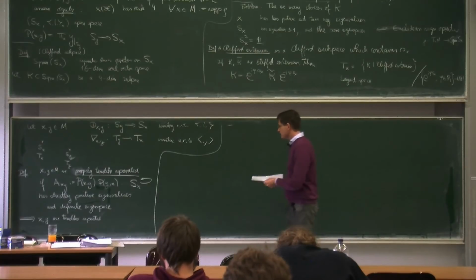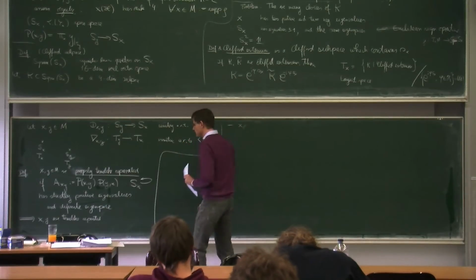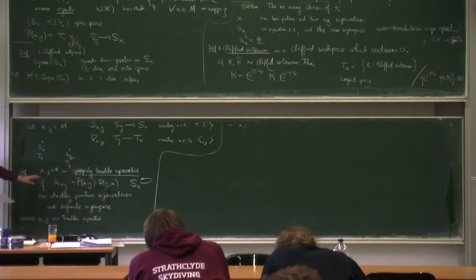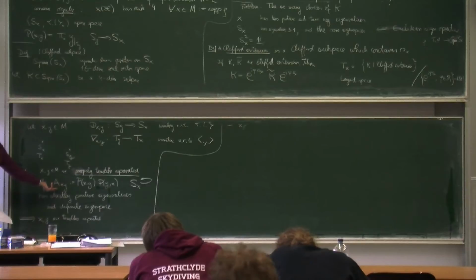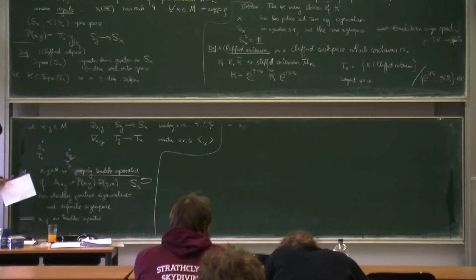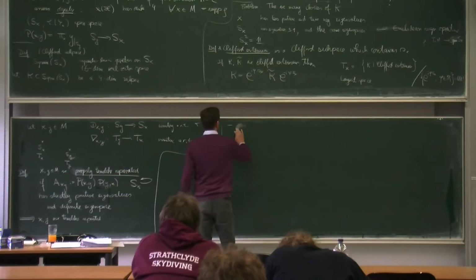Okay, the nice properties are, first of all, that this is again symmetric. If x and y are time-like separated, then also y and x are time-like separated. In other words, if A_xy has these properties, then A_yx also has these properties. So this notion is symmetric in x and y.